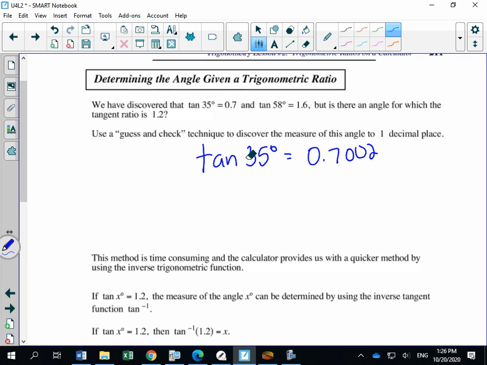I call this, when you're figuring out the ratio, going forward on our calculator. Because what going forward means is we literally enter the tan button, we hit 35, and we hit enter. What I'm going to teach you now is this. So write down tan. We know that an angle always goes here, so I'm going to call this angle X is equal to, and then I'm going to give you the ratio.